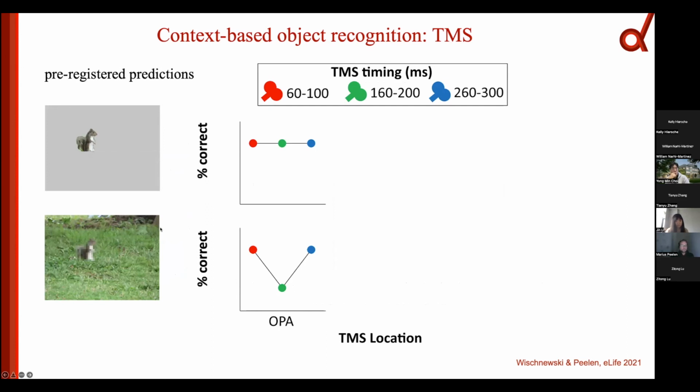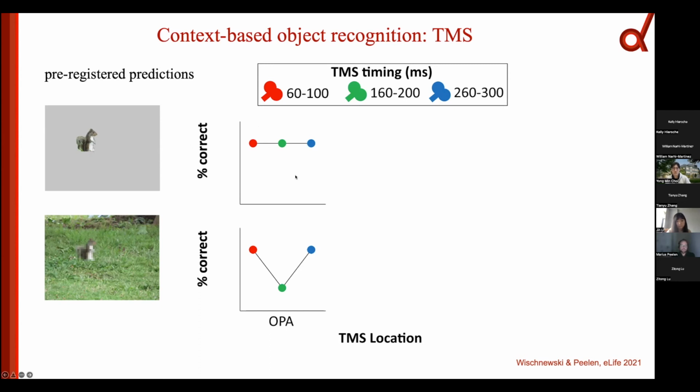And because we had very specific predictions based on these neuroimaging data, we could pre-register these predictions. And I'll explain them to you here. They should be quite obvious by now, hopefully. So for the intact object condition, for OPA stimulation, we did not predict any differences across time because OPA is not involved in object recognition, as we've seen.